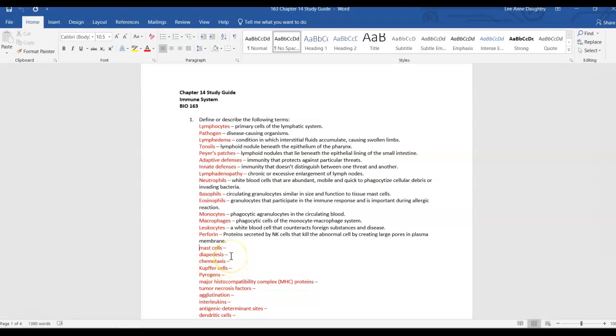Diapedesis happens actually along with the release of chemicals near the area of infection. It's when the blood vessels kind of become leaky.